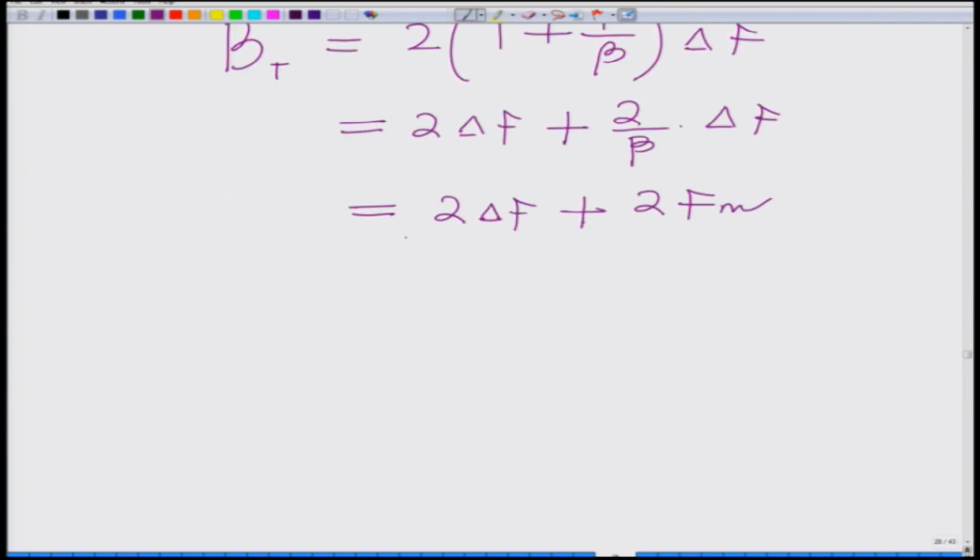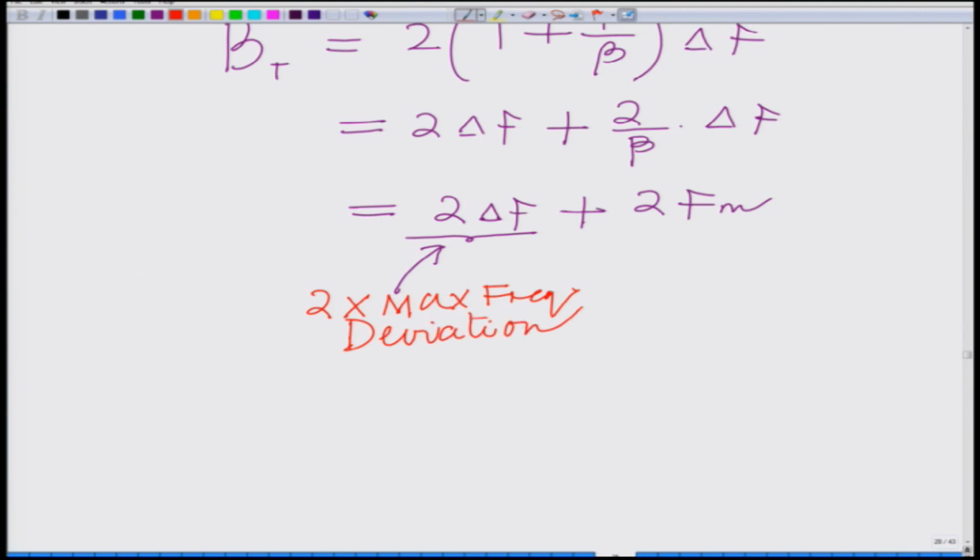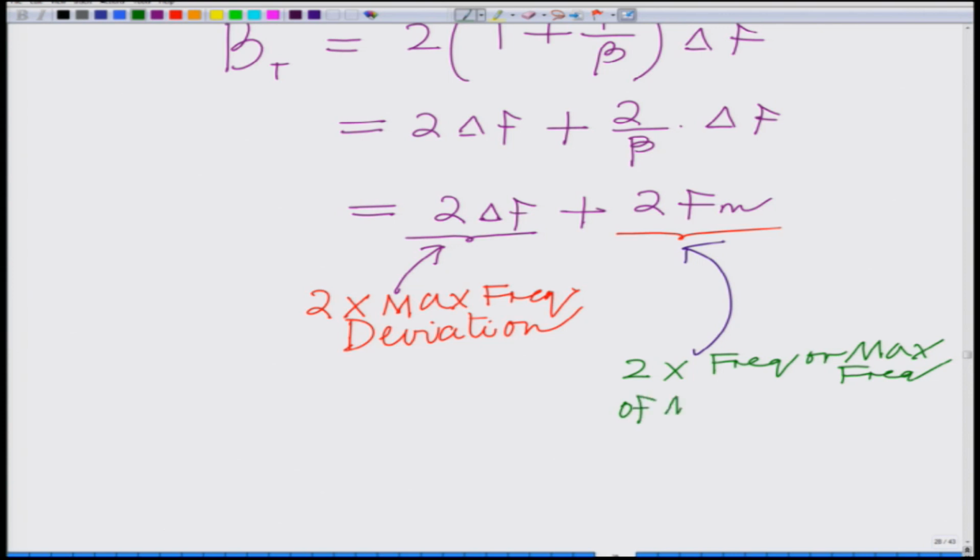Remember, this is twice the maximum frequency deviation, and this is twice the maximum frequency of the modulating signal.